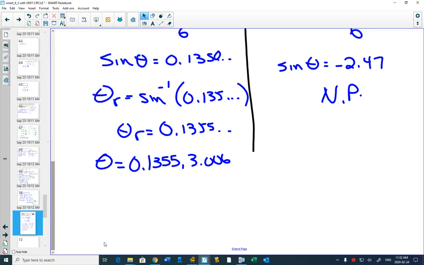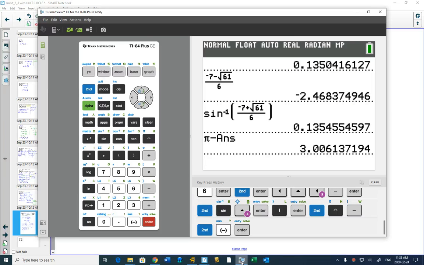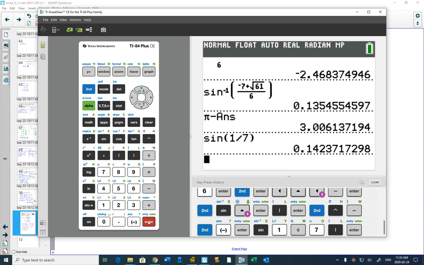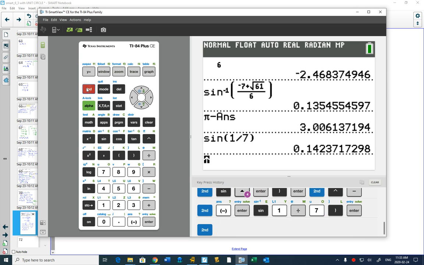And then is it really just up to whether they're nice or not? Yeah, there's a couple just around this angle. Let's see if this one is also close. Sine of 1/7 and sine inverse of 1/7.